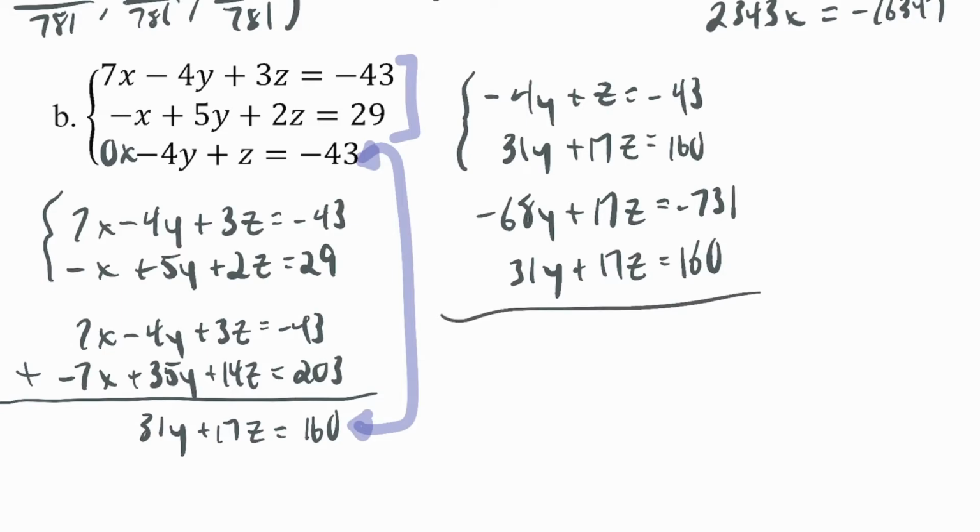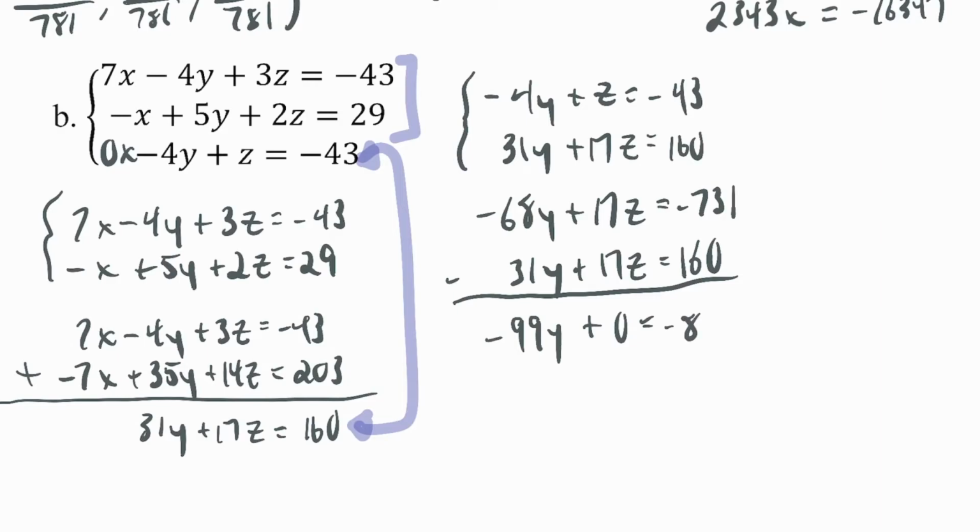So I'm going to subtract these. So I'll get negative 99y plus 0 equals negative 891, I believe. Yeah, okay. So I'll have negative 99y equals negative 891.